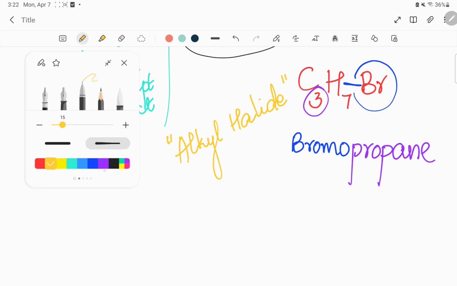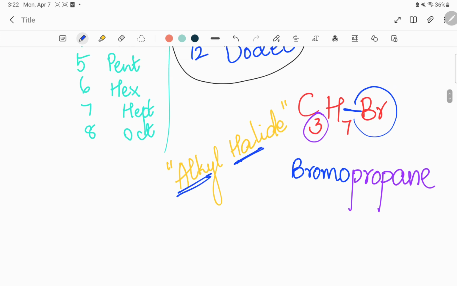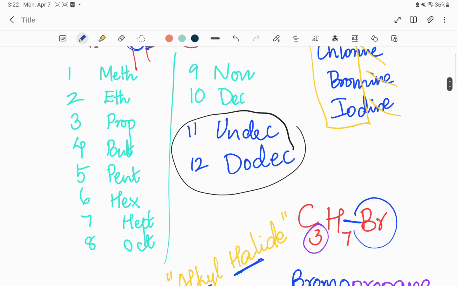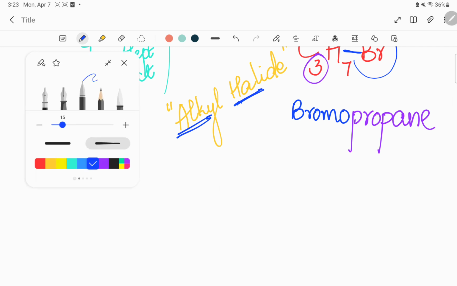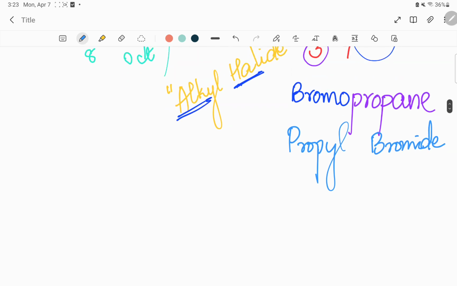Again, in the place of alk, we replace the word root, and in the place of hal, we need to write the name of the halogen, but remove the ine suffix from that. So the name of this compound according to common nomenclature will be propyl bromide.